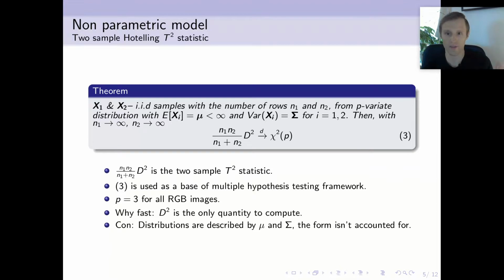If it passes, then it's forest. If it does not, if it's higher than the threshold, then we tag it as non-forest. This threshold is obtained preliminarily during the training procedure. This approach is fast because the only thing we need to compute is D squared, and this one contains only mean vectors and a 3 by 3 covariance matrix.